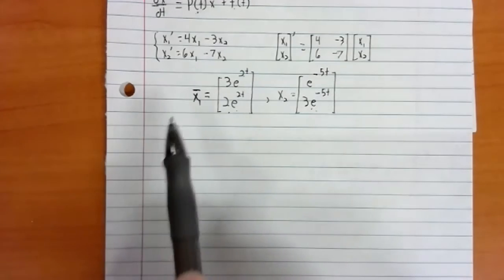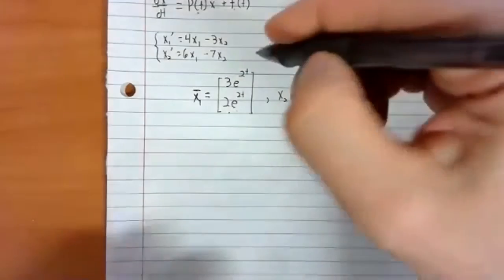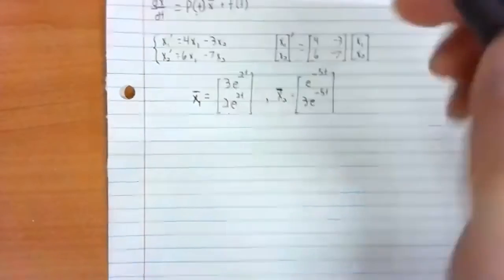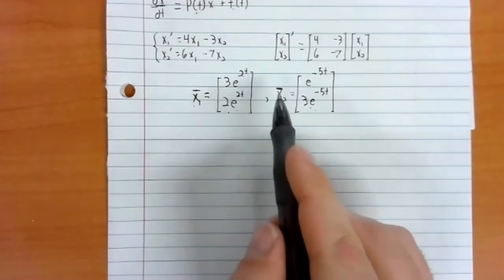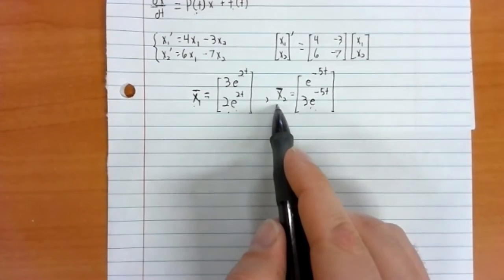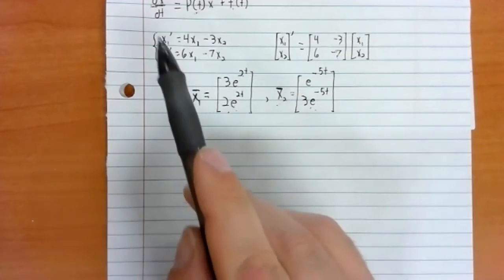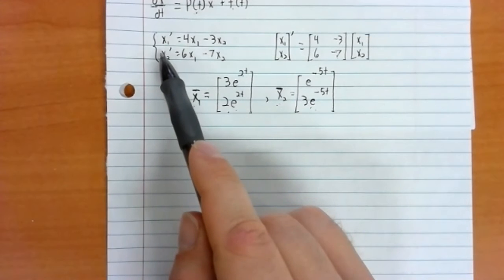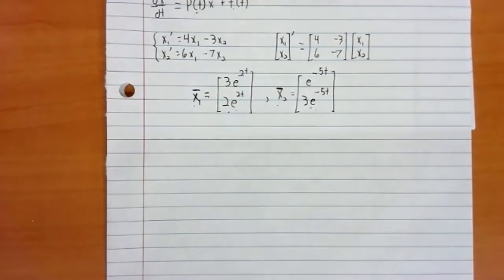This notation risks causing confusion, by the way. This x sub 1 and x sub 2 are vectors. They are not the variables x sub 1 and x sub 2 of the original system.